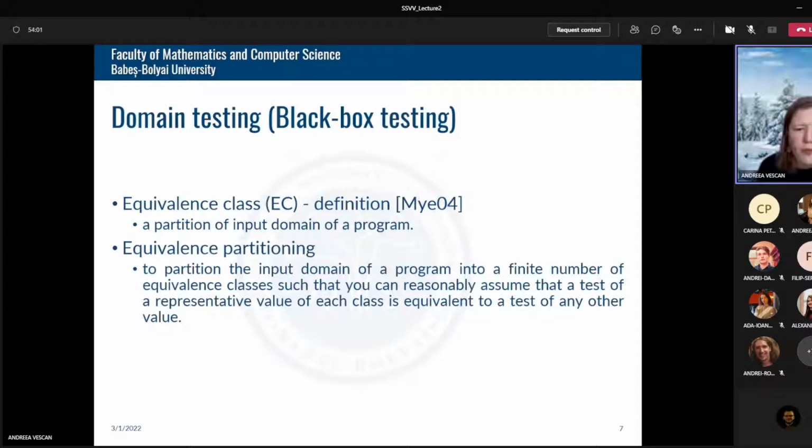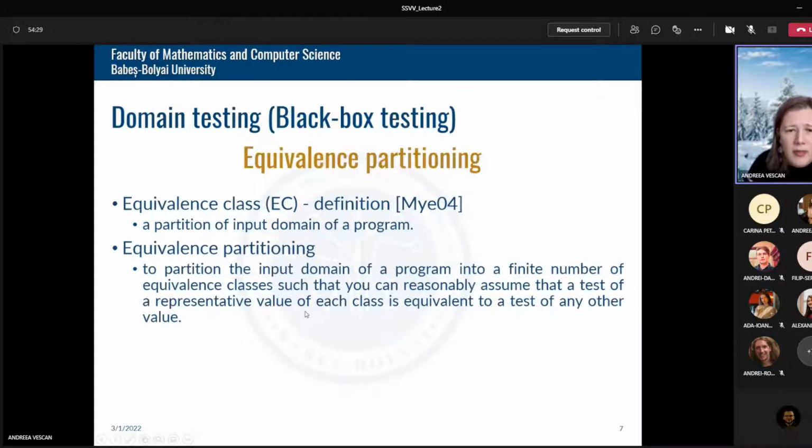After you split the domain of that variable into different classes, you can select one test case from that class partition, saying that if I pick an element from this equivalence class, then the application behaves in the same way. It doesn't matter which data I'm going to select.